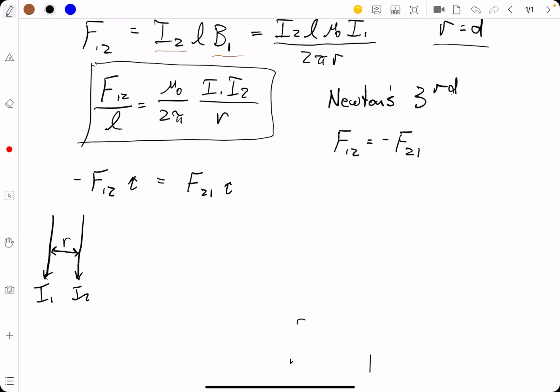F12, F21. What did we just find out? Well, these two wires are attracted to each other.